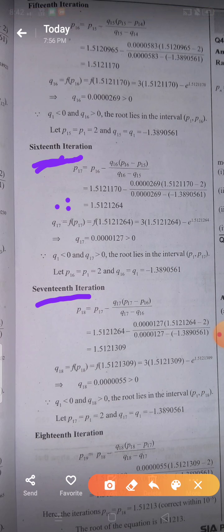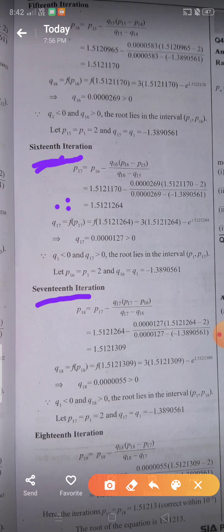P18 is equal to P17 minus Q17 into (P17 minus P16) divided by (Q17 minus Q16), which is equal to 1.5121264 minus 0.40127 into (1.5121264 minus 2) divided by (0.40127 minus of minus 1.3890561), which is equal to 1.5121309.